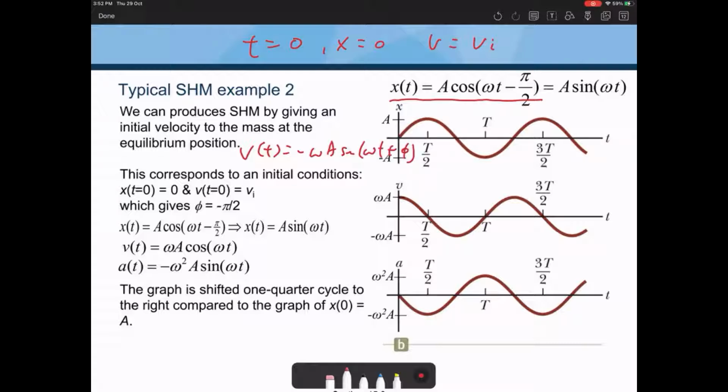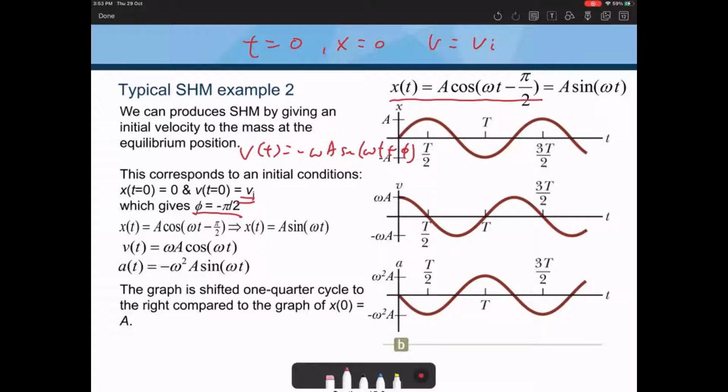In order to fit in a positive value for the velocity at t equals 0, you have to put in phi equals minus pi/2. If it is plus pi/2, it will start with a negative velocity. So that is why here we have to fit in a minus pi/2, and the velocity is equal to v_i.